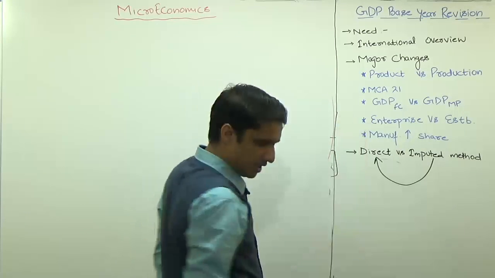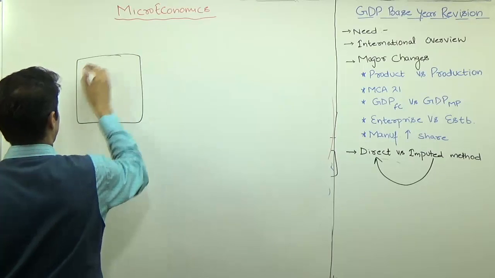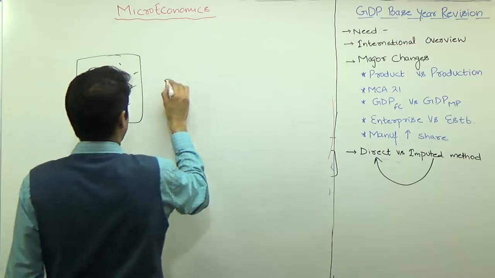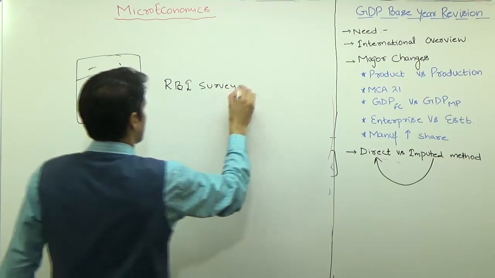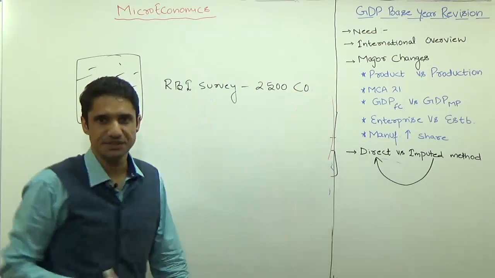Then we have this MCA 21 program. Earlier, for the industries that we have in India, every year the RBI was doing a survey, and that RBI survey was done only on 2,500 companies.